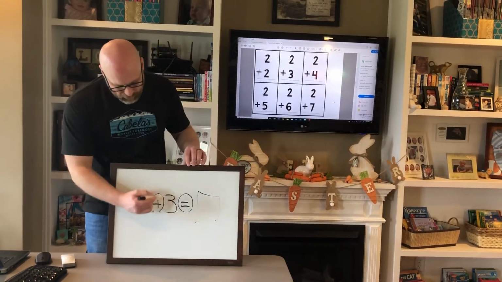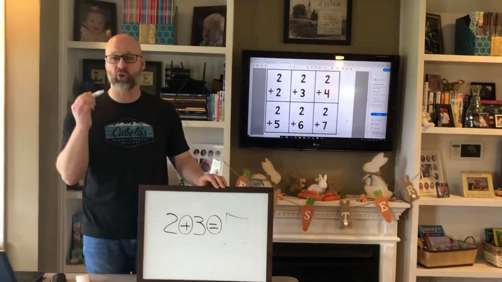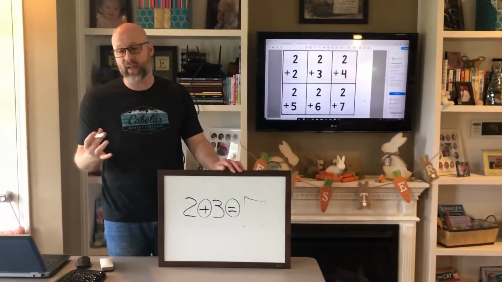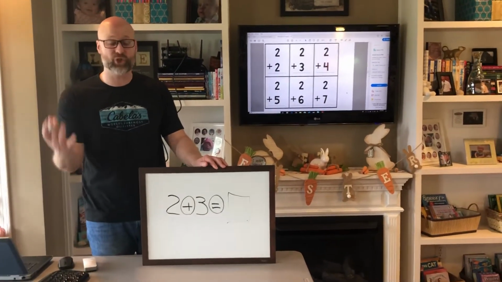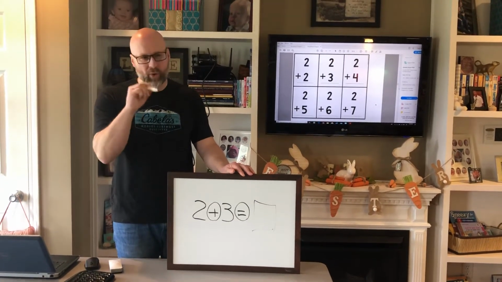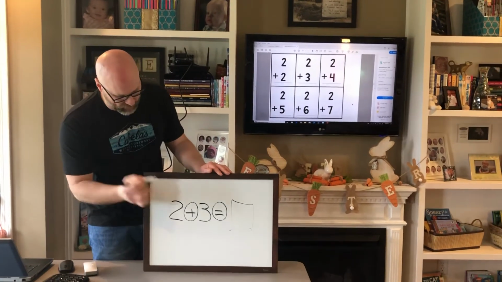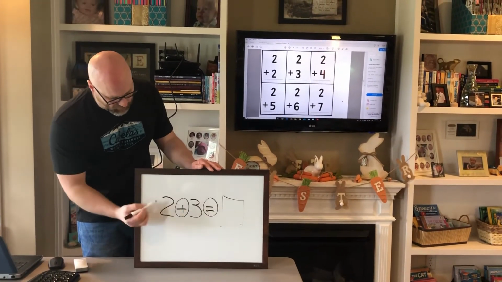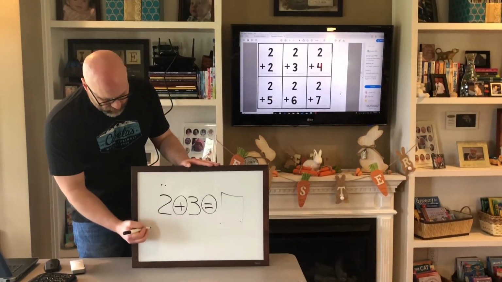So if I put 2 plus 3, one of the ways that I teach my students how to do this is to draw dots. Or you can draw anything, but I use dots because they're very, very quick. Some people like to draw their shapes, some people like to draw people, whatever you want to, but this is just a very quick way of doing it. So what I would do is if I had 2 plus 3, I draw 2 dots, quick dots. Sometimes I see my students do this.